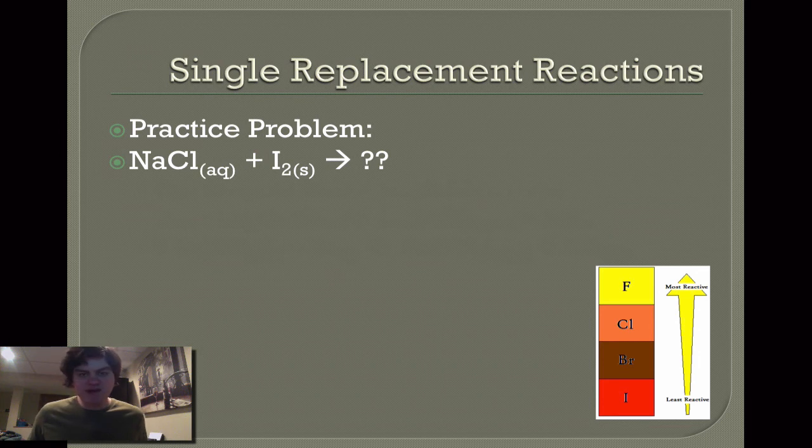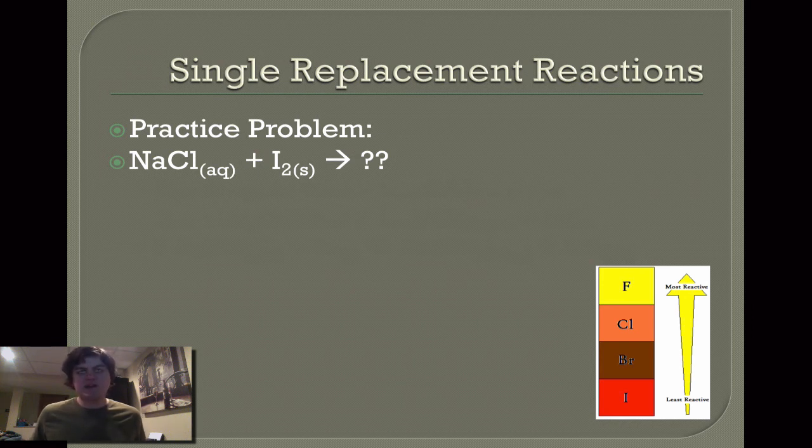Okay, you're back and hopefully figured out that I was trying to trick you a little bit. If we look at the reactivity series for halogens in the lower right hand corner, we can see that chlorine is the second most reactive of the halogens. The only one more reactive is fluorine. So fluorine is the only halogen that could replace chlorine in this compound.